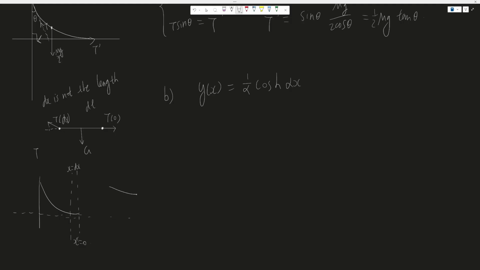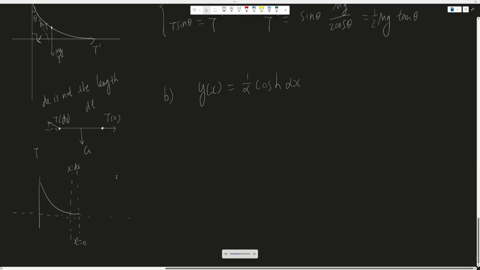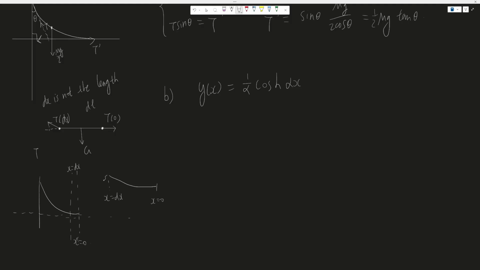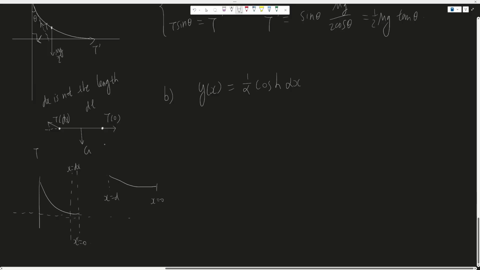So that basically means, I'll exaggerate a bit, if this is the piece of chain we're studying, then we're just saying from here at x equals 0 to here, x equals dx, there's still a very, very tiny bit of y here. So technically dx is still not the length, only dl is. So now we have notation out of the way.